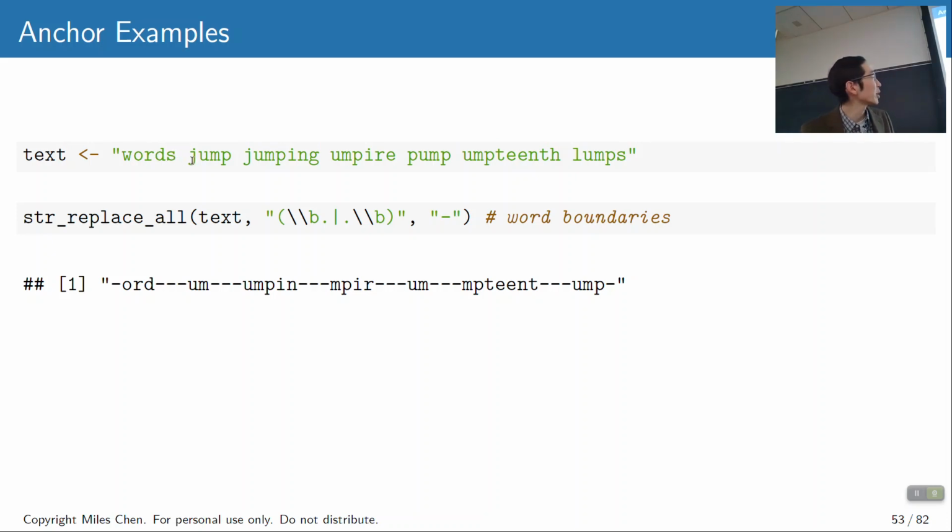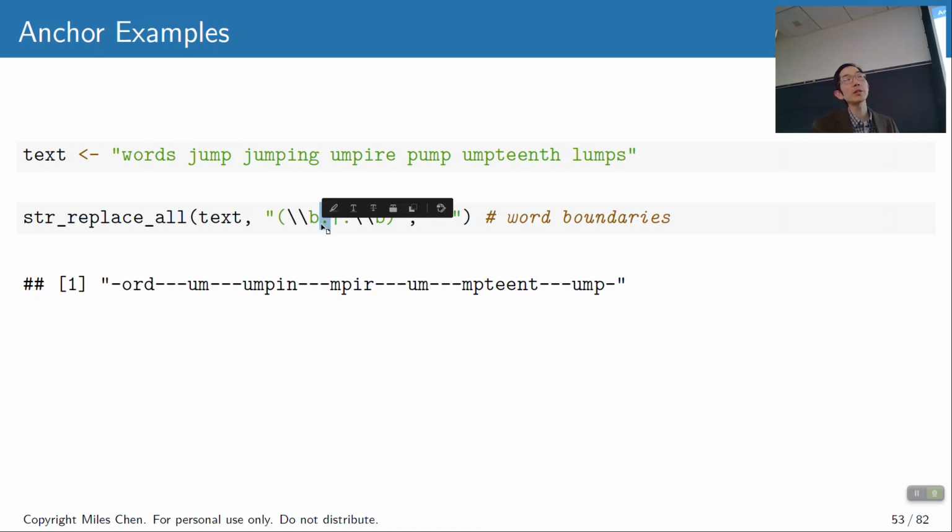It's also followed by a word boundary, so the space actually matches both of these. The J is preceded by a word boundary, and then the J, the P. So it's basically replacing everything at the edges of the words, the edges of the words and a wildcard.